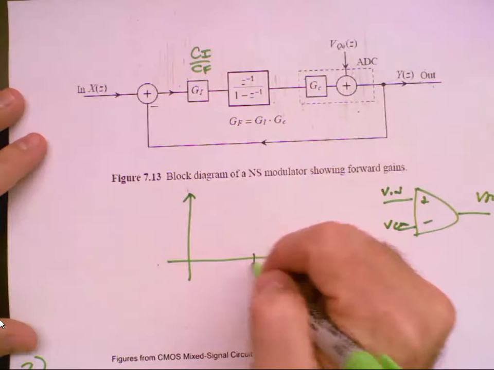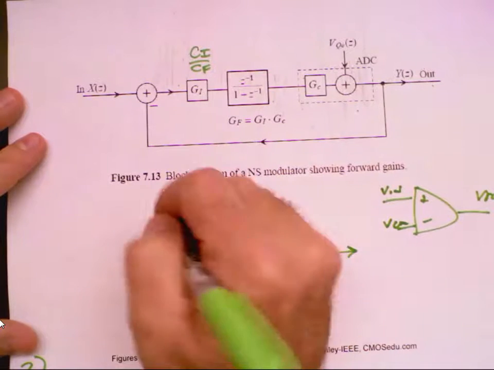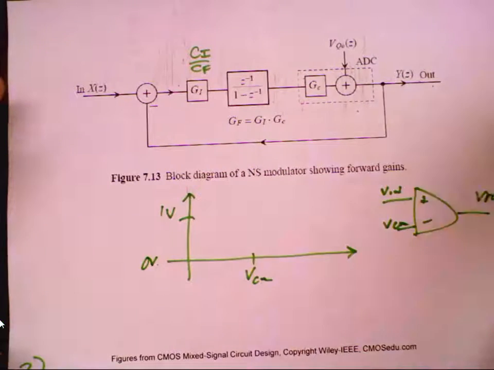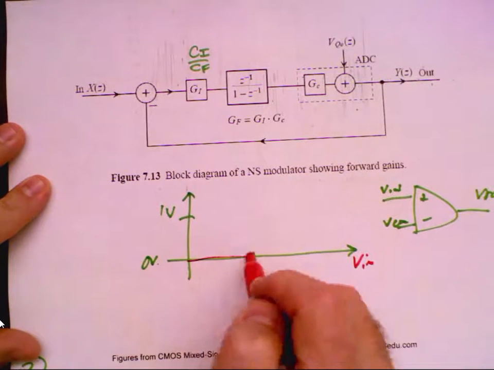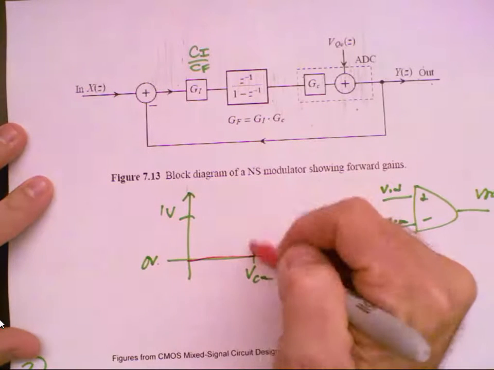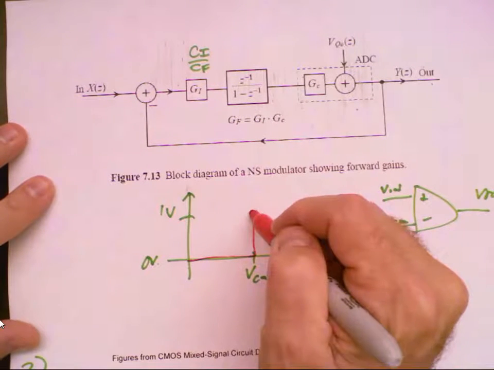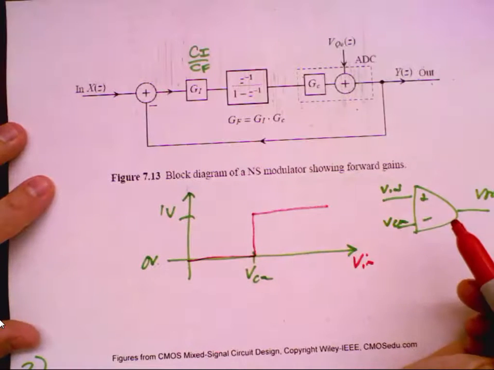We go to VCM, 1 volt, 0 volts, and when Vin is less than VCM, the output is 0. Then it gets to VCM and the output switches to 1 and stays high. Okay, there's the transfer curve.